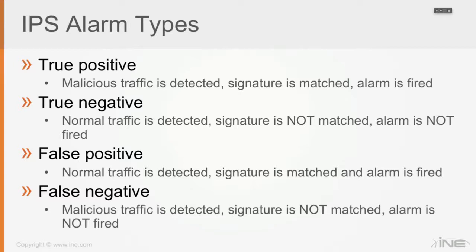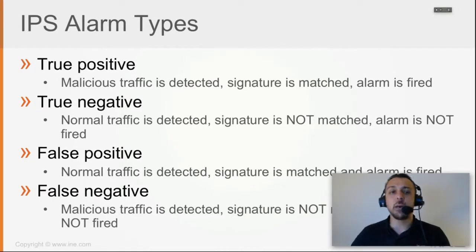So a false negative means the alarm is not fired, but because it's false, it should have been fired. Because actually malicious traffic was happening, but the signature was not matched. So usually this means, for example, a bug in the IPS functionality, because it's malicious traffic, but you don't fire an alarm.